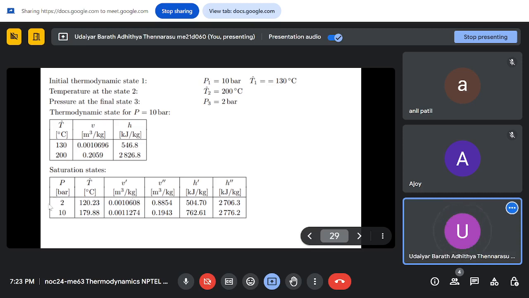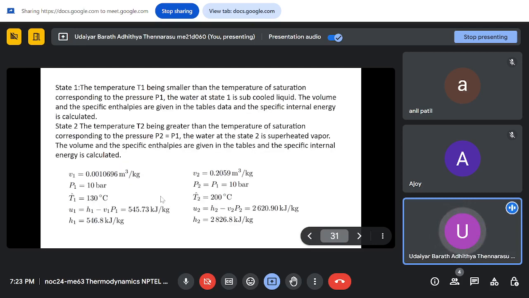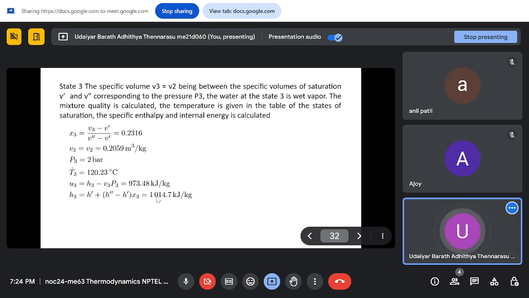So corresponding to 2 bar, we know the saturated liquid and saturated vapor specific enthalpies, and the specific volumes of saturated liquid and saturated vapor, and the specific volume at state 3. So substituting that, we can find out the quality. Quality is nothing but, using the same expression for finding volume, you rearrange to find the quality. Substituting the values, you will get quality as 0.2316.